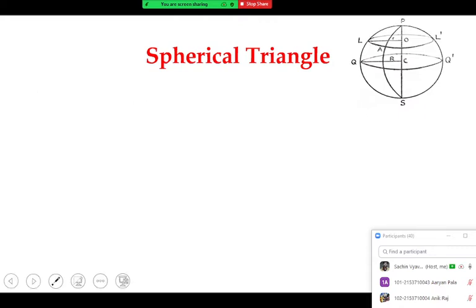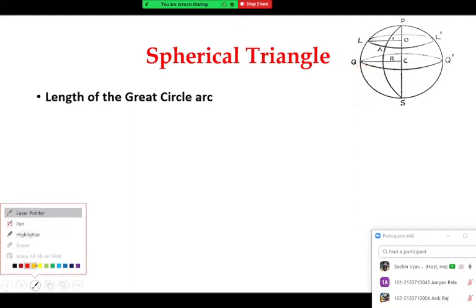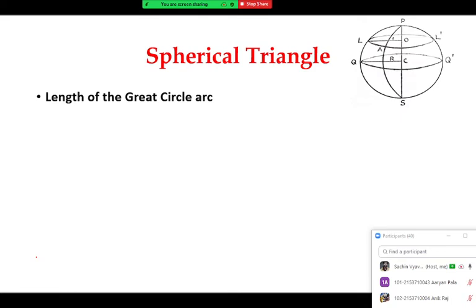Few more definitions now. Length of the great circle arc. Now we are moving to the arc of the great circle. Here QQ dash is an entire great circle, and if you want to measure the length of an arc of that great circle, let me take one of the arcs here.